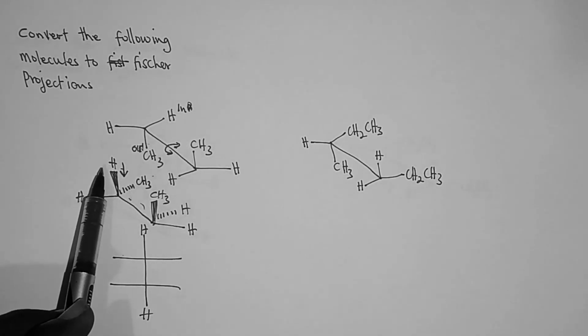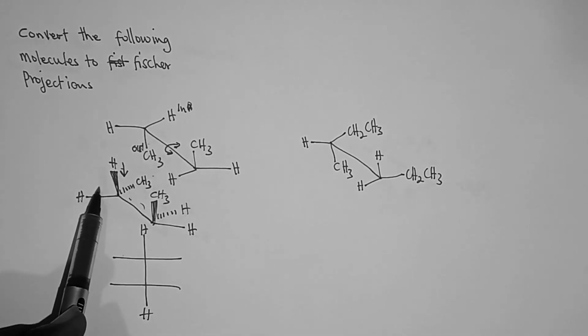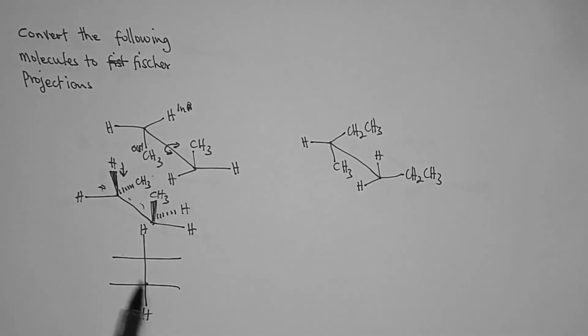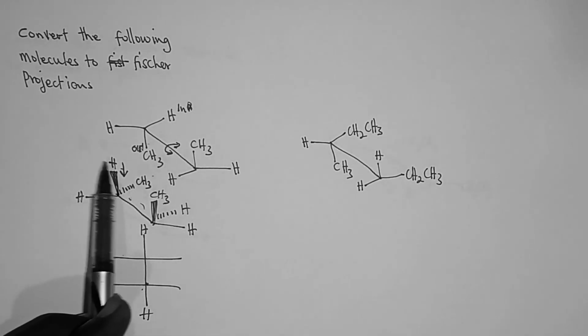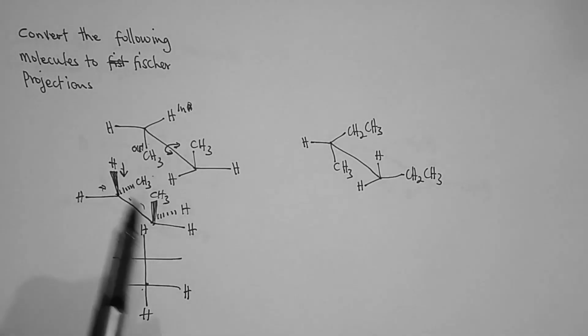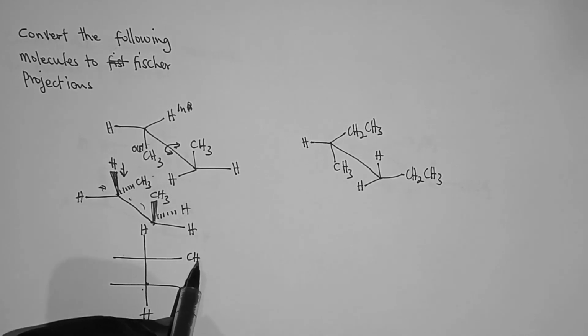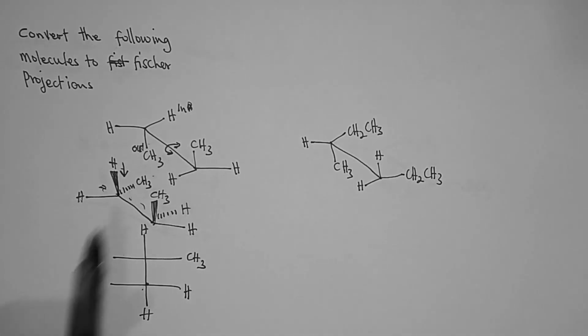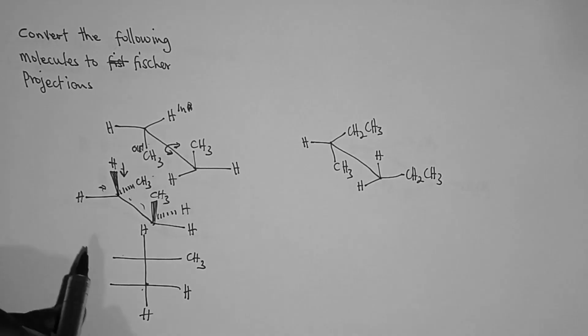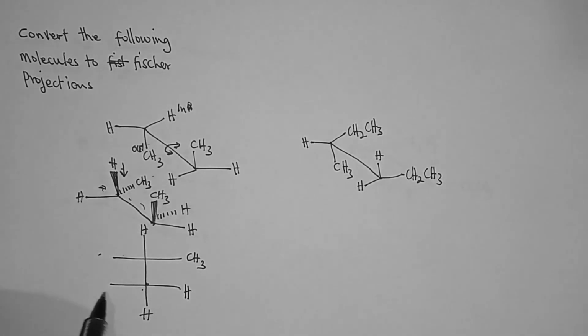So our right eye will be seeing this. So we are starting from here, and therefore this carbon is this carbon. So our right eye will see this proton, so it is on the right. And then our right eye will also see this CH3, so this CH3 is also on the right. And our left eye will see this CH3. So this CH3 is here.